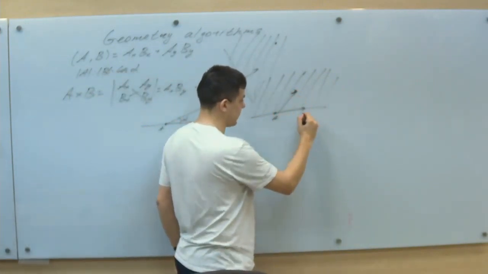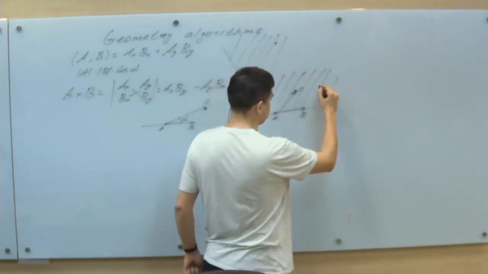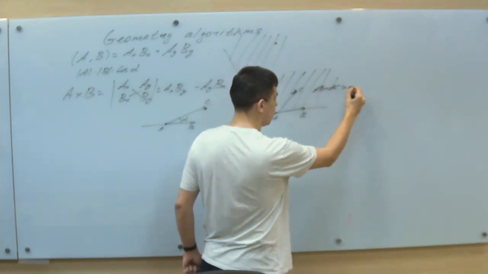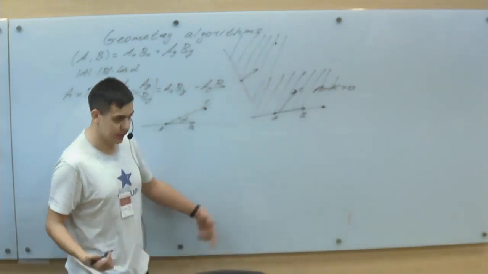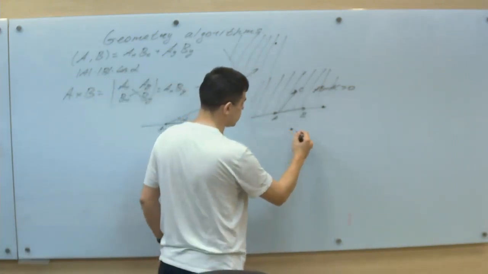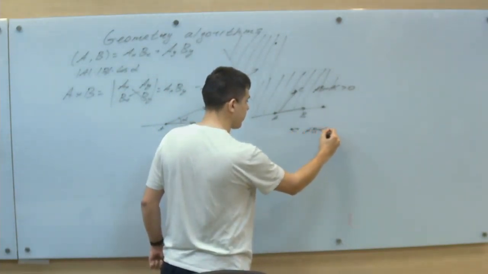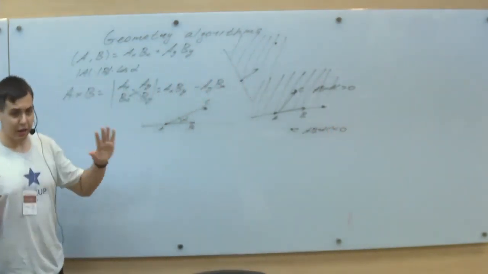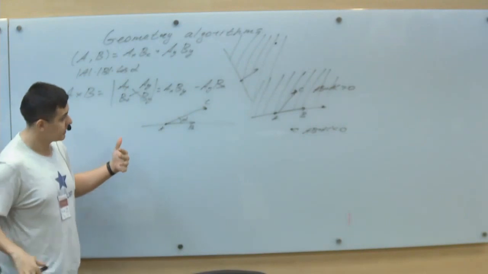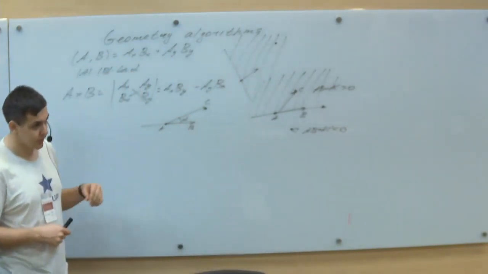So A, B, C. Here, the vector product AB times AC is positive. If 3 points are on the same line, it's 0, and on the other side, it's negative. And a lot of standard stuff can be expressed in terms of vector products.